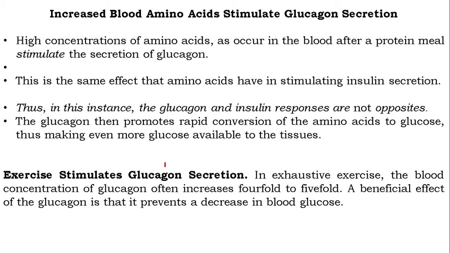And again, increased levels of amino acids in the blood stimulate glucagon secretion. High concentrations of amino acids, which must occur in the blood after a meal, stimulate the secretion of glucagon. And there are at least some instances where glucagon and insulin are not opposite to each other, and this is one such example.